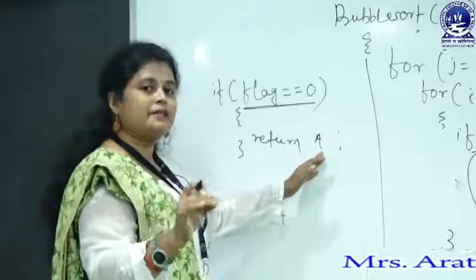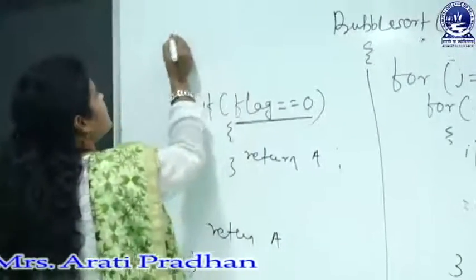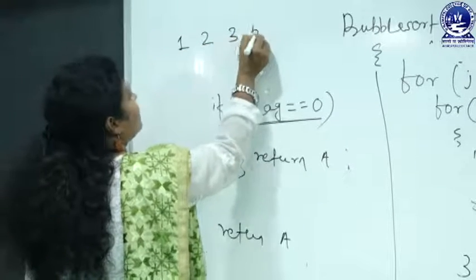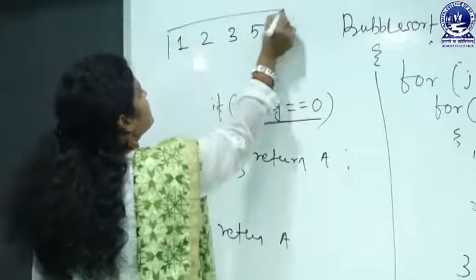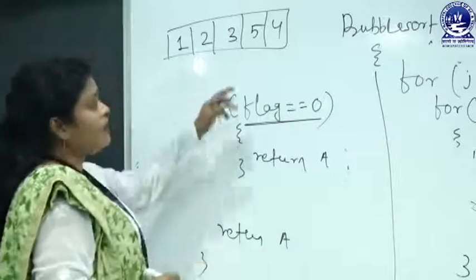Now, I am explaining this by using a very short and simple example. Let the list consist of 1, 2, 3, 5, 4. Just for the sake of explanation of this algorithm, I am using a very simple list.